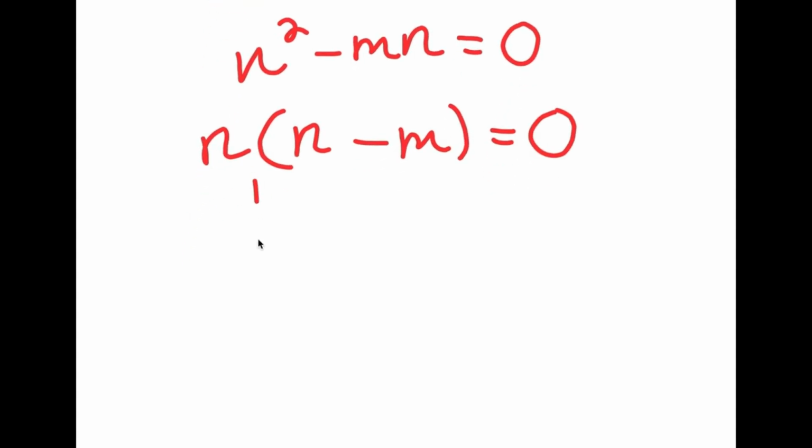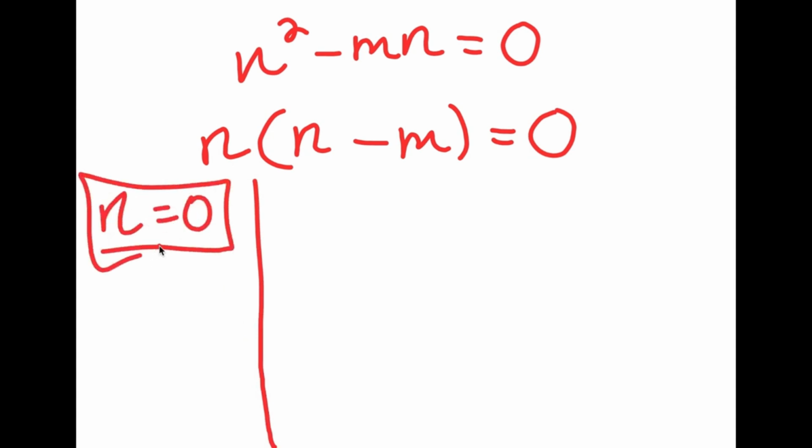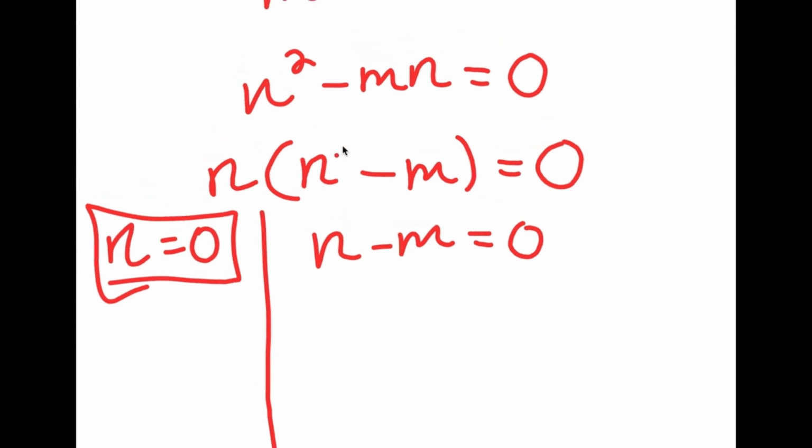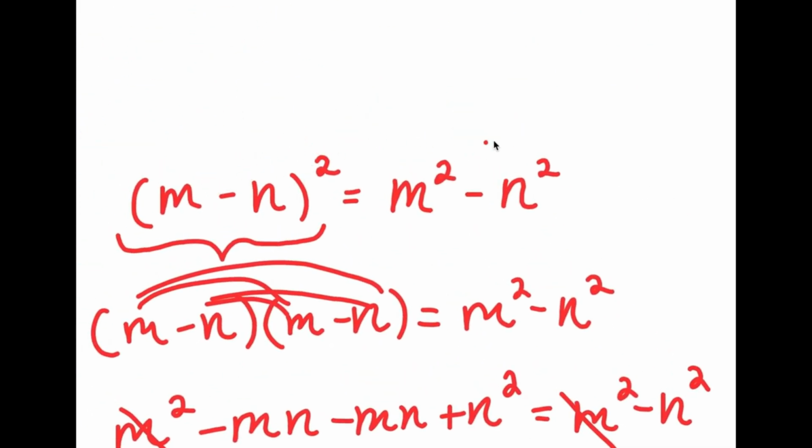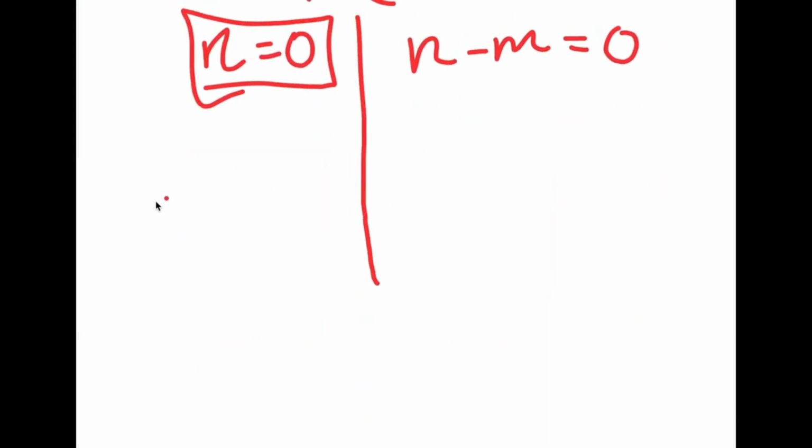So now this gives me two equations. I get n is equal to 0, which is already a solution, and I also get n minus m is equal to 0. Now, going back to our original equation, we have (m minus n) squared is equal to m squared minus n squared.